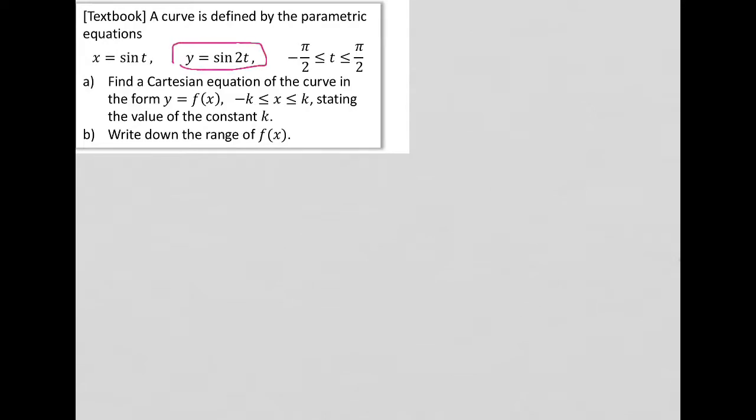But I'm going to tell you that sine 2a equals 2 sine a cos a. That is another trigonometric identity that you will learn. So if you haven't learnt it already, you will learn that.